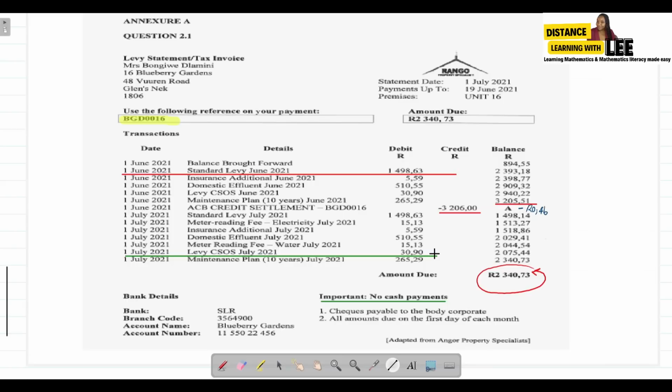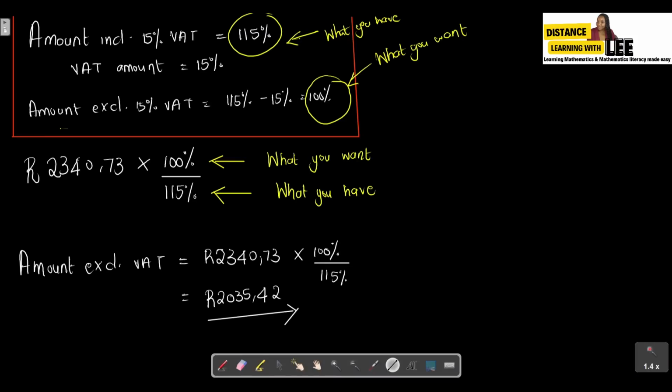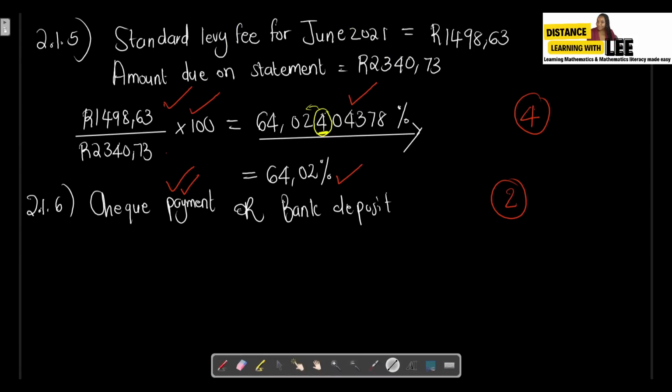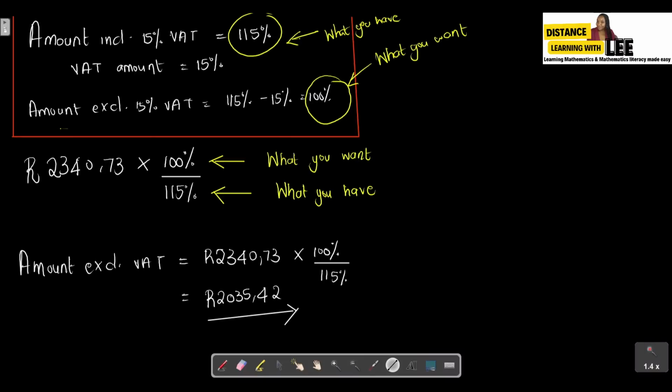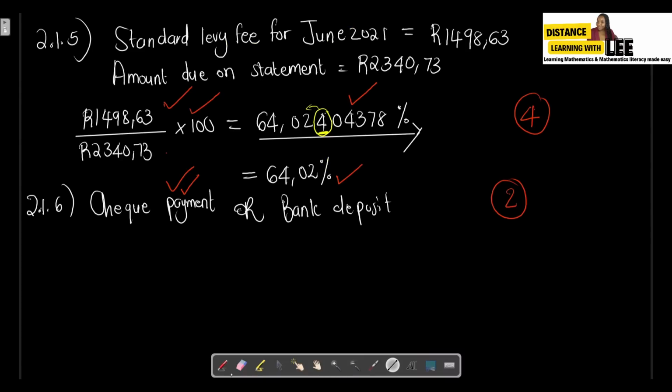We are told that there are 49 units, so 49 people pay that 30 Rand and 90 cents. How much would Rango Property Specialists get if all of those people paid their levy CSOS? What do we do here? Nice and simple.